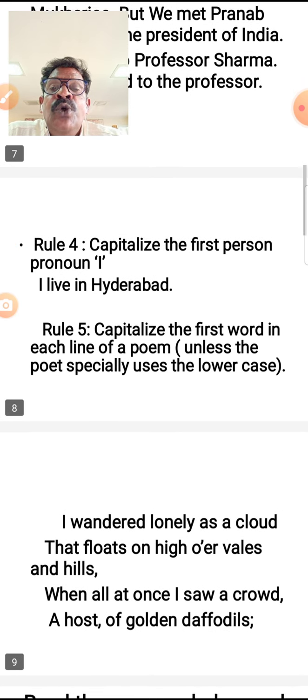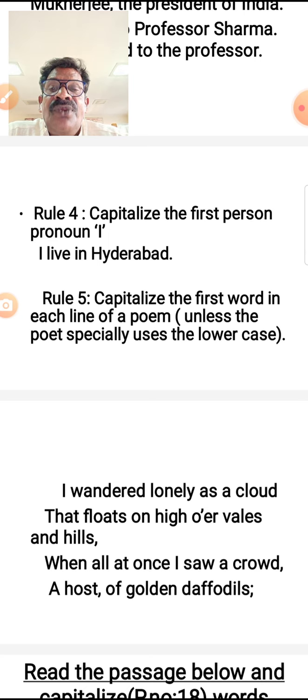Now let us come to rule number 5. What is rule number 5? Capitalize the first word in each line of a poem. This is something related to poets who write poems. The first word in each line of a poem should be written in capital unless the poet especially uses lower case.